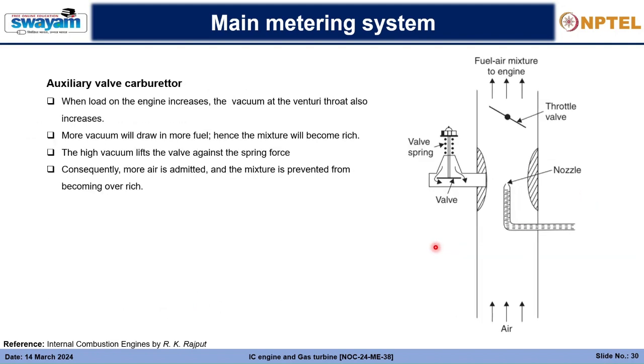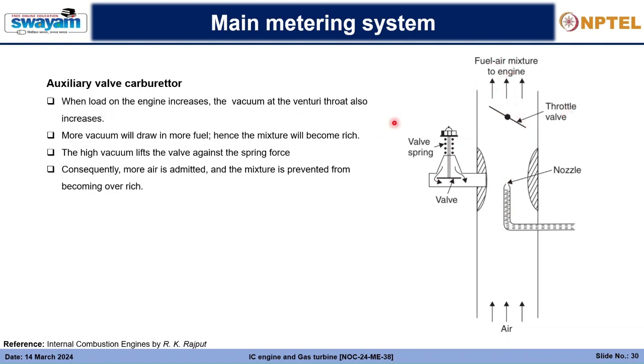Next, we have the auxiliary valve carburetor. The concept is we have an auxiliary valve out here which can supply air out here, and we have the normal carburetor system with the nozzle out here in the venturi throat and air supplied through this, and this is the throttle valve.